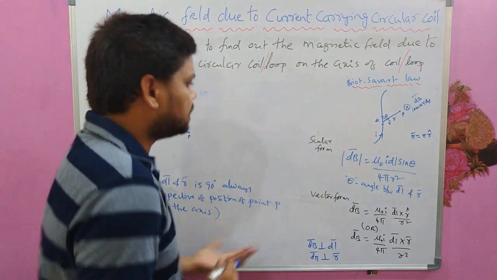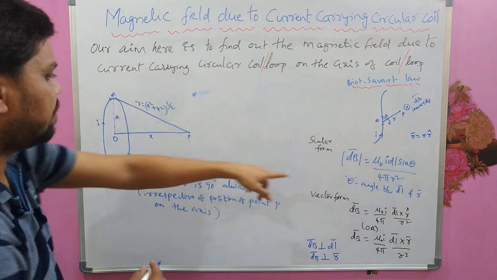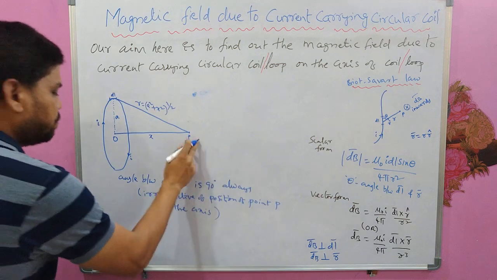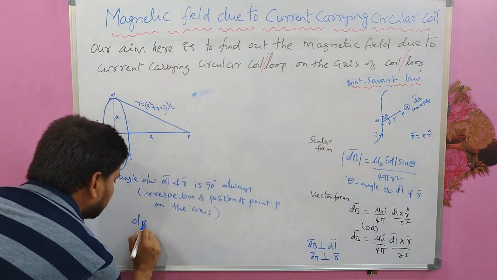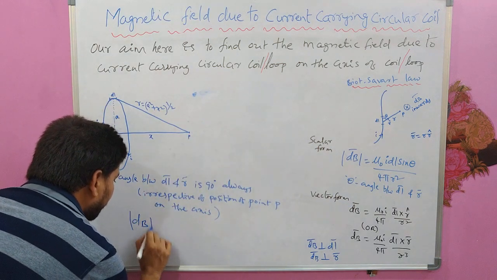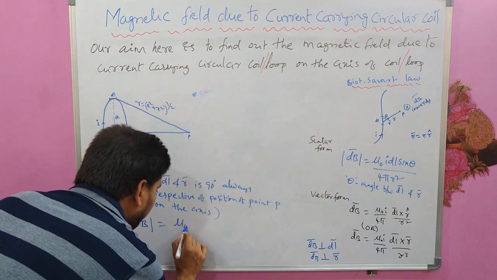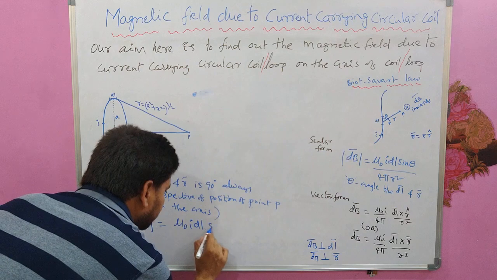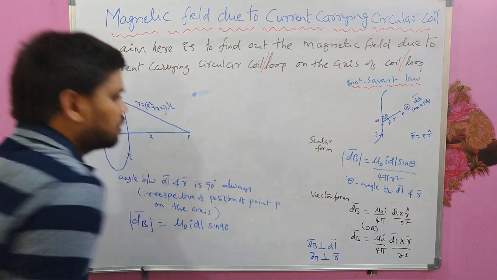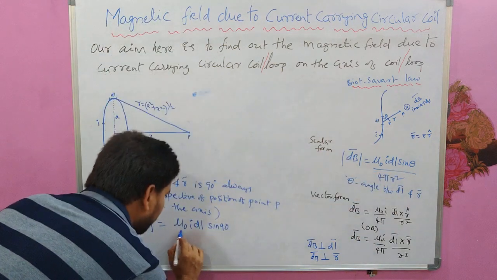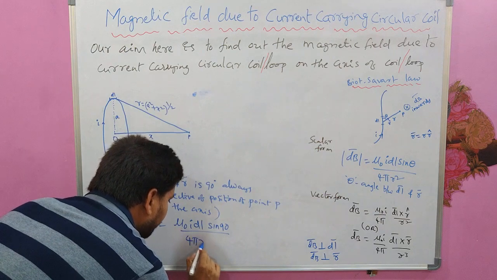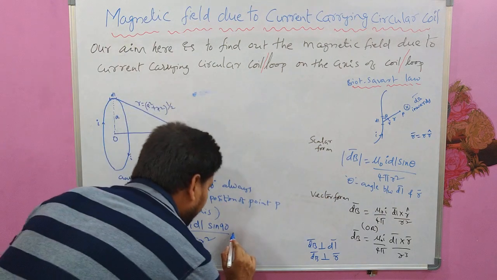So if this is 90, what is the magnitude of magnetic field at this point P? According to Biot-Savart law, it will be mu naught I dl sin 90 by 4 pi r square, and sin 90 is 1.